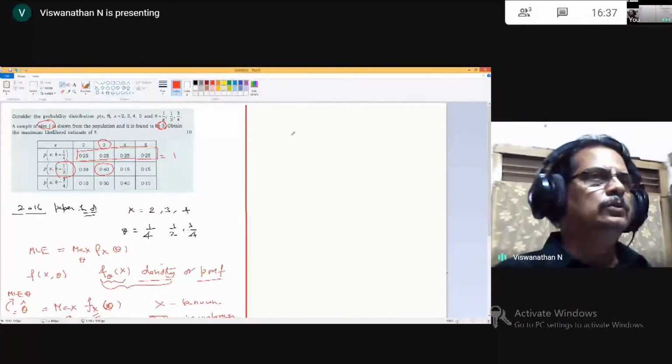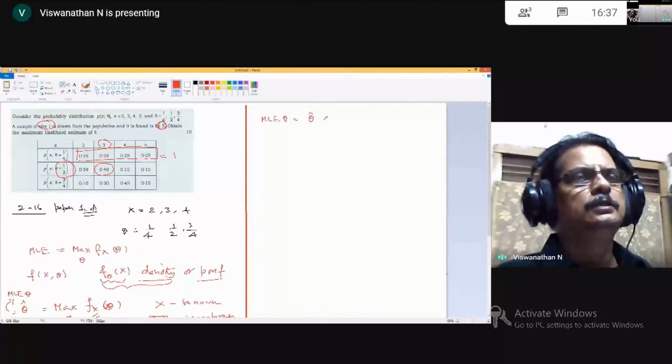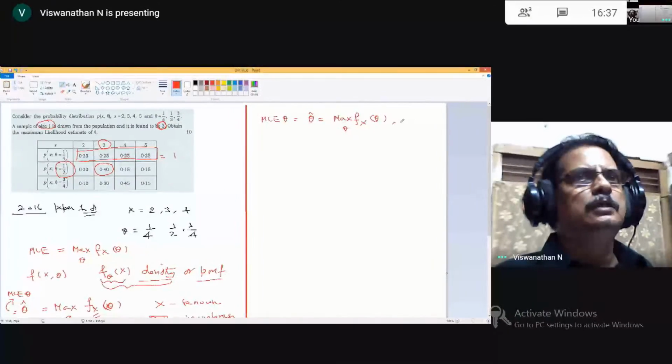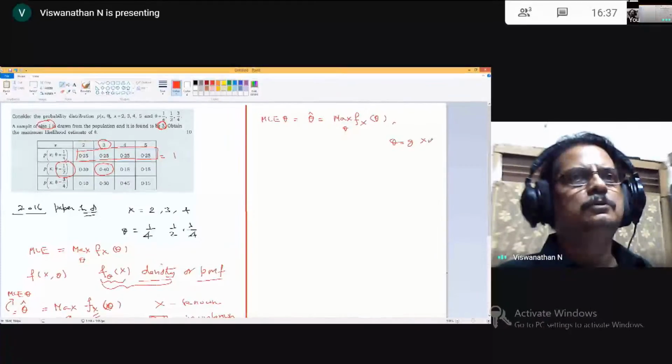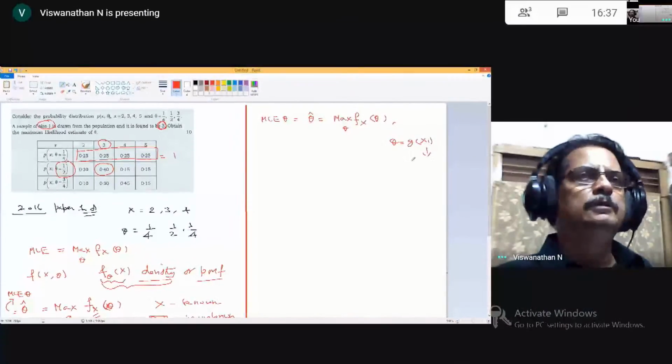As I said, my MLE of theta, denoted by theta hat, is obtained by maximizing f(x, theta) over theta. In addition, theta should be a function of the lone sample x1; my sample size is 1 in this case.